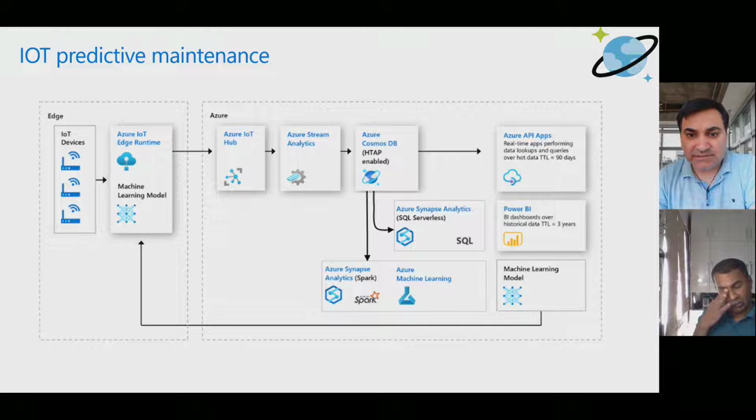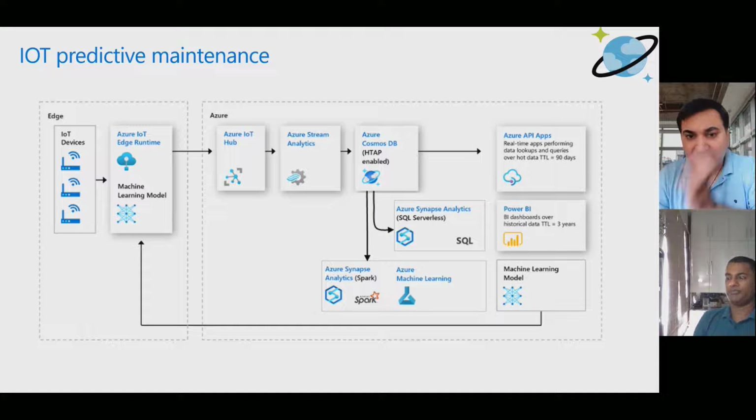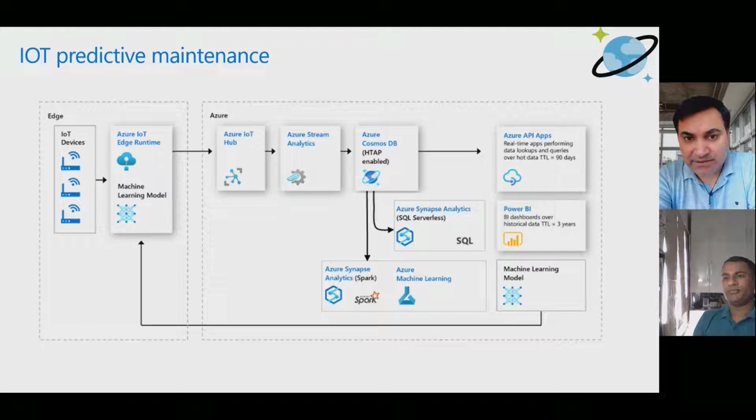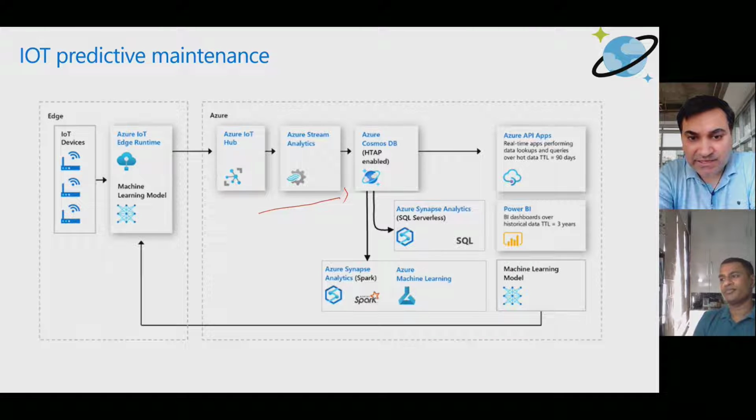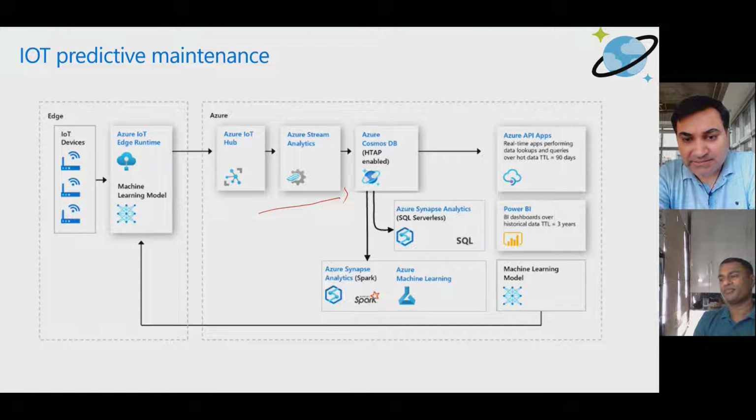IoT predictive maintenance is another use case where you're using HTAP. All the ingestion happens in this path. Once it lands in Cosmos DB, the data is moved to Synapse Analytics, and you're able to not only use Spark, you will be able to use machine learning, and you can have self learning models and a SQL serverless pool for your Power BI dashboard aspect.